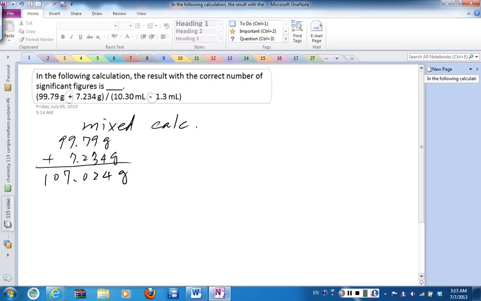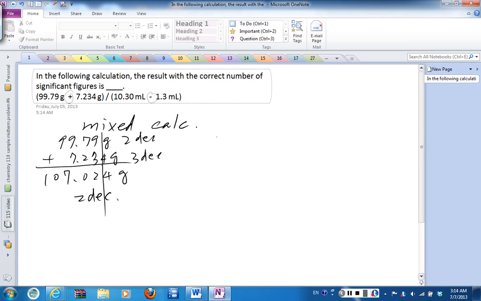The rule says that whoever has the lowest number of decimal places decides the decimal places in the addition result. So 2 decimal places here, 3 decimal places here. The result should have 2 decimal places. But we'll leave this 4 here for the time being before we go on to the next step.